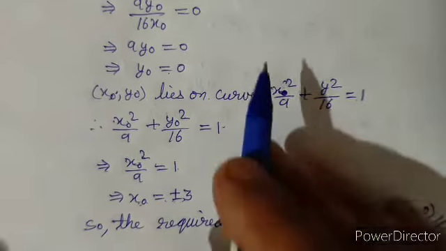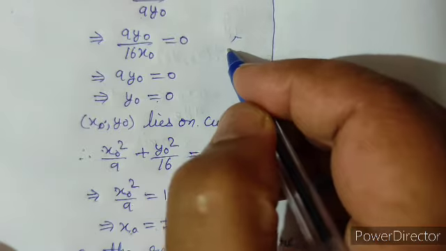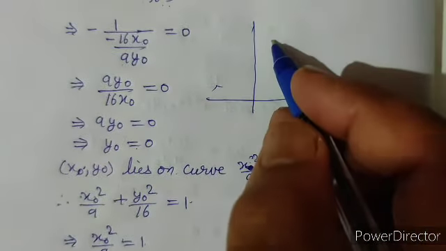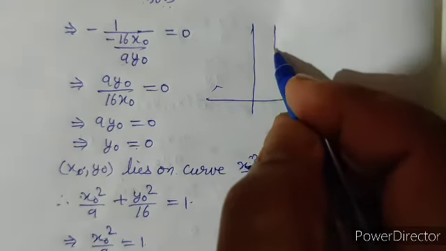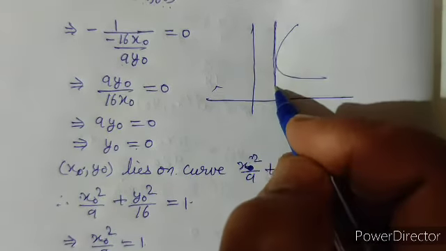Now here in the second part we have to keep in mind that the tangent to the curve is parallel to the y-axis. That means suppose this is the tangent to any curve and this is parallel to the y-axis.